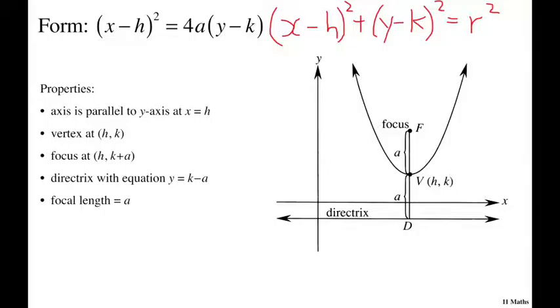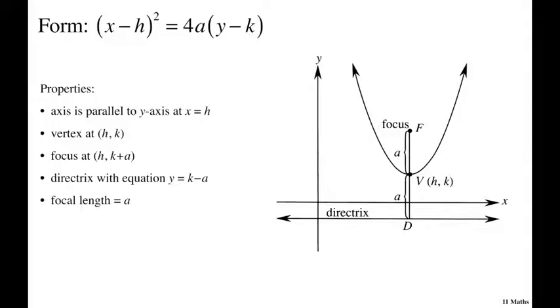And that represents any circle where the center of the circle was h, k, and the radius was r. So we're going to be doing something similar to that now. Instead of x minus h squared and y minus k squared, you're used to seeing a parabola in the form x squared equals 4ay.